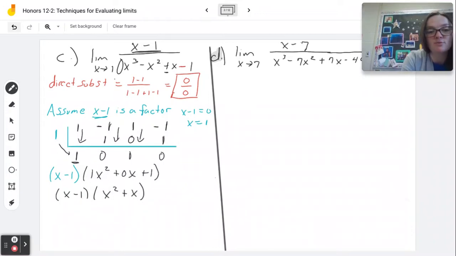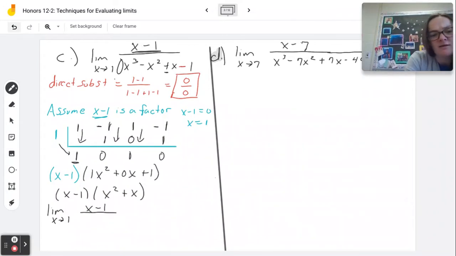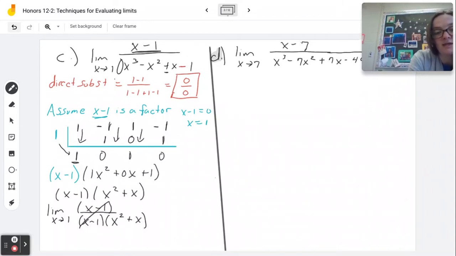So what I'm going to do is rewrite the limit. The limit is now going to be the limit as x approaches 1 of x minus 1 over my newly factored form. So x cubed minus x squared plus x minus 1 factors to x minus 1 times x squared plus 1. Well, using what I know here, x minus 1 and x minus 1 are going to cancel.